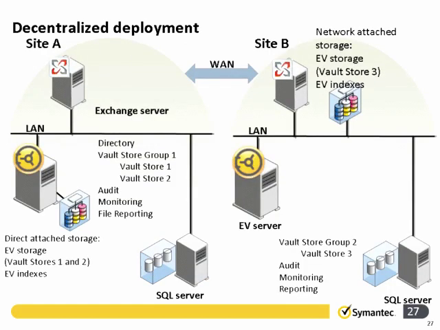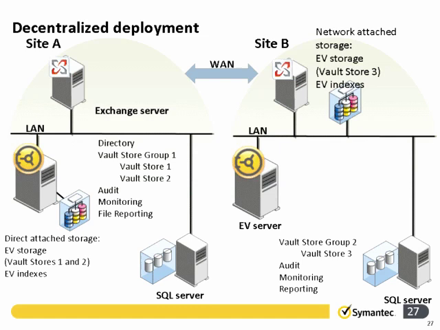The next type of deployment topology would be a decentralized deployment. In this example, we have a Site A, and all the items in that site have high-speed connections over a local area network. We have Site B, which also has high-speed connections over the local area network, but the connection between Site A and Site B is over a slow-speed wide area network.